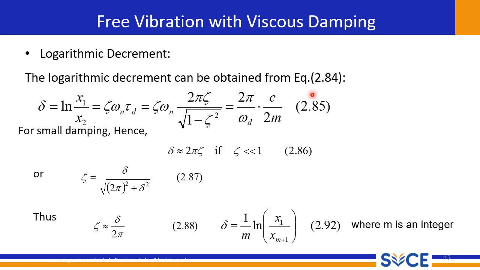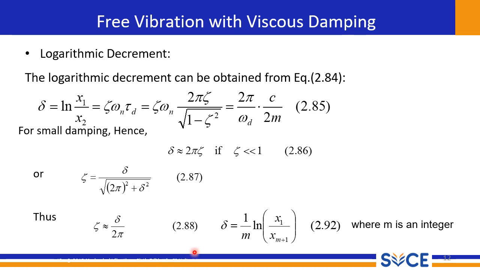This approximation simplifies calculations considerably when dealing with lightly damped systems. All these equations provide different ways to calculate damping ratio zeta if we know the logarithmic decrement delta. If the damping is small, we can further approximate into this more detailed equation.